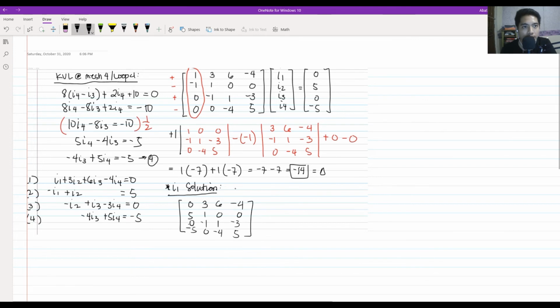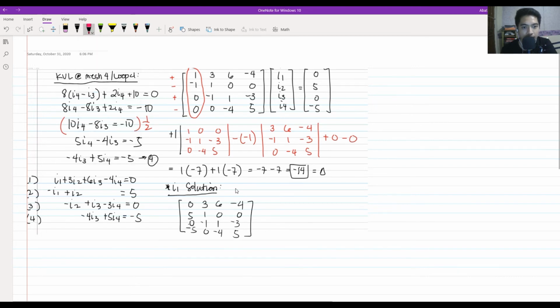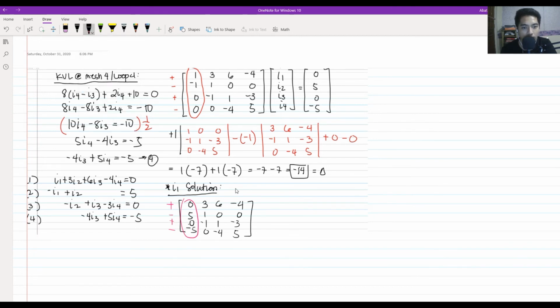And then I'll again choose this first column for my cofactor expansion because it has many zeros in it, so our computation will be somewhat easier. We have the sign convention plus, minus, plus, minus. For row 1, column 1, we have positive 0 multiplied by the determinant excluding the elements in row 1 and column 1.